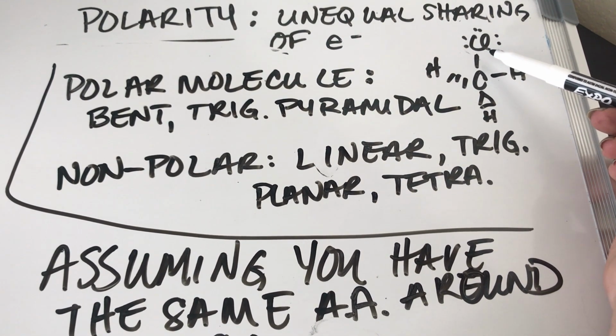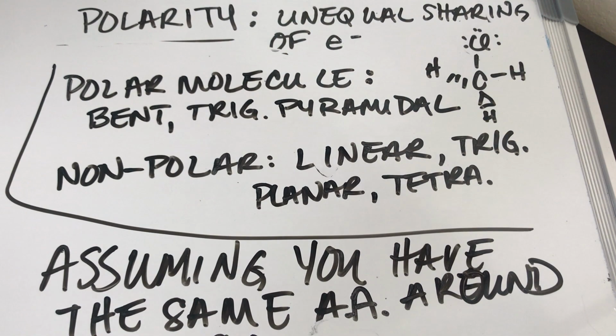So there are two things that can make a molecule polar. First of all, you have to have polar bonds, so that's just a baseline. If you don't have polar bonds, you can't have a polar molecule. And then an asymmetry of some kind.